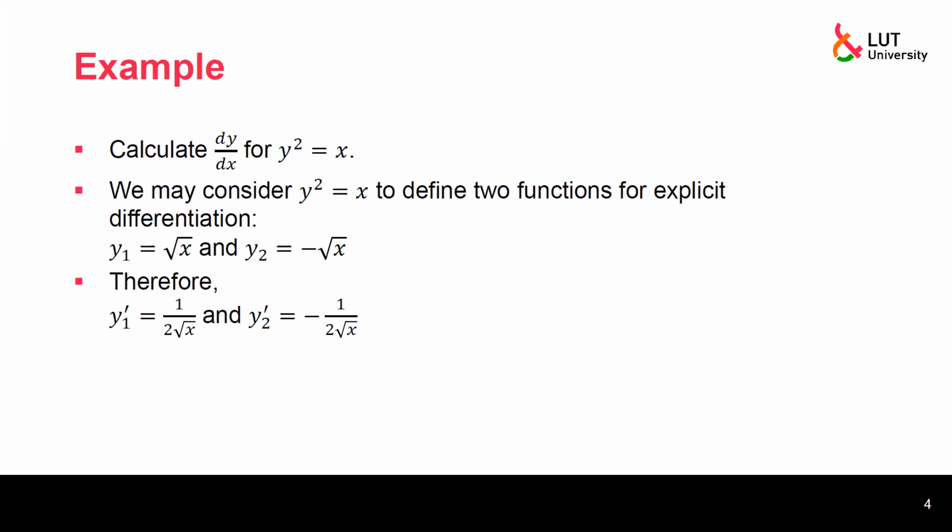When we take the square root, we need to consider both the plus and minus options. So y1 is the square root of x and y2 is minus square root of x. And differentiating those, we get two options for what the differential might be.